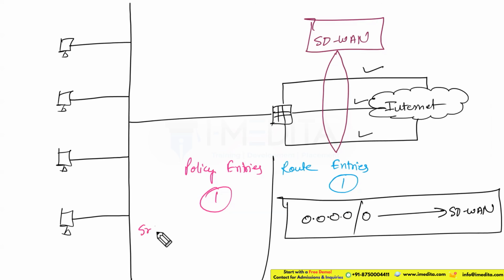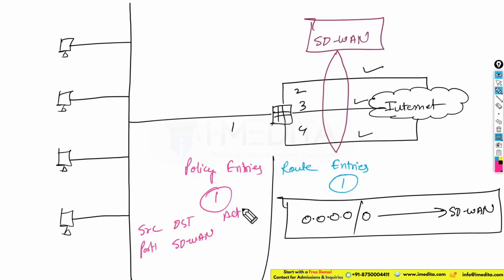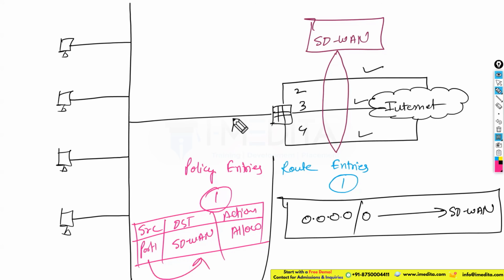For the policy, we will define the source as port number 1, destination is SD-WAN, and the action is allow. Done. So we need to configure only one policy, port number 1 to SD-WAN.